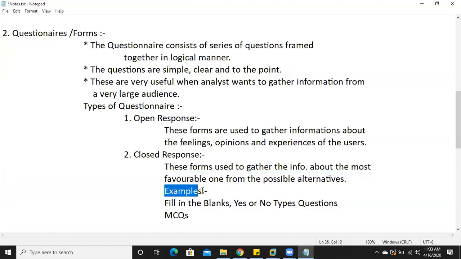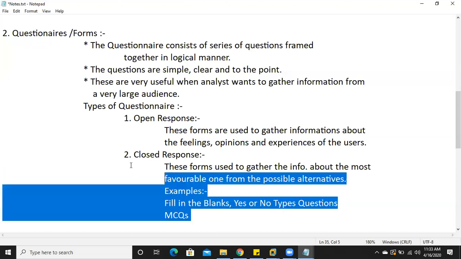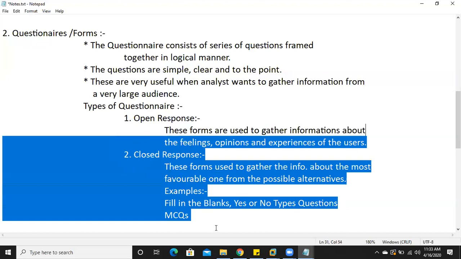Examples of closed responses are fill in the blanks, yes or no type questions, or MCQs, multiple choice questions. So these are the different types of questionnaires.